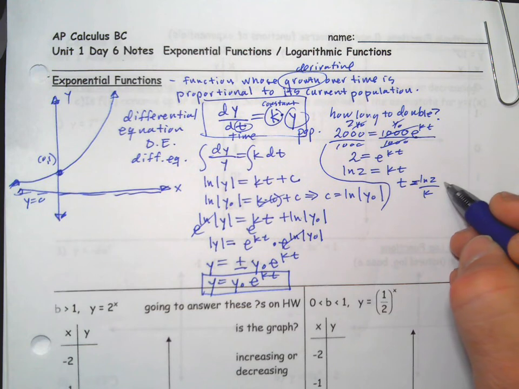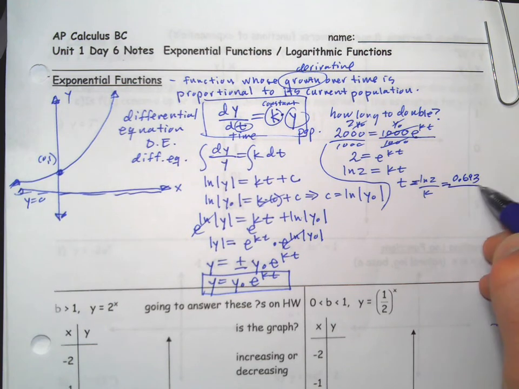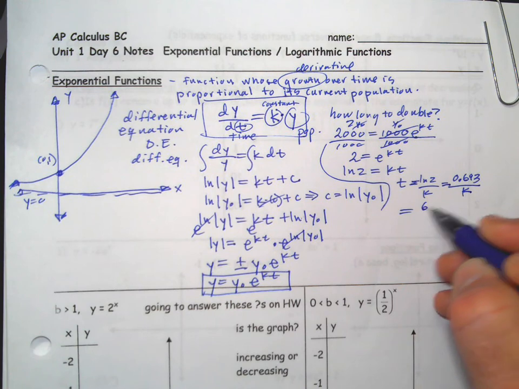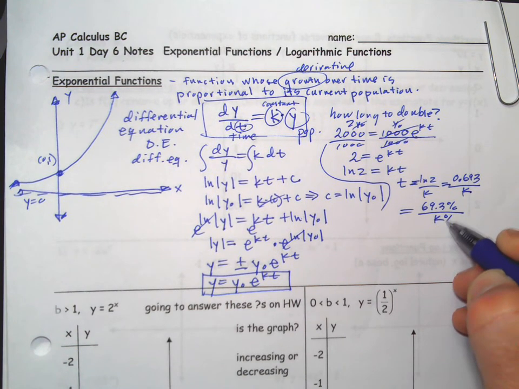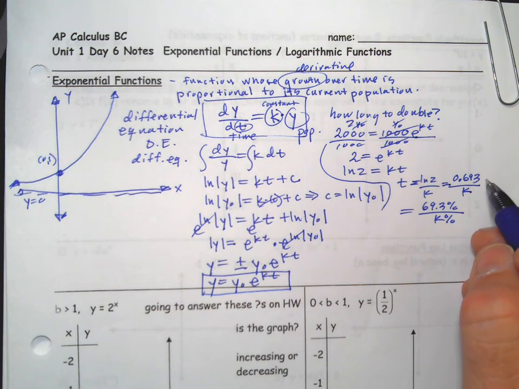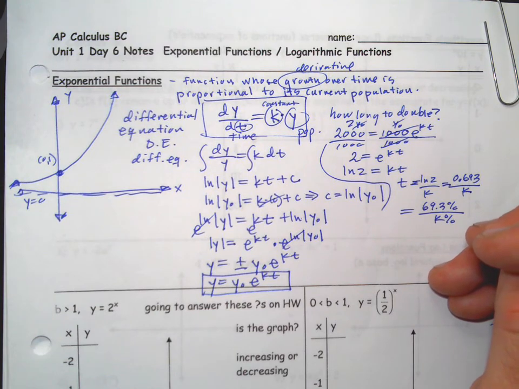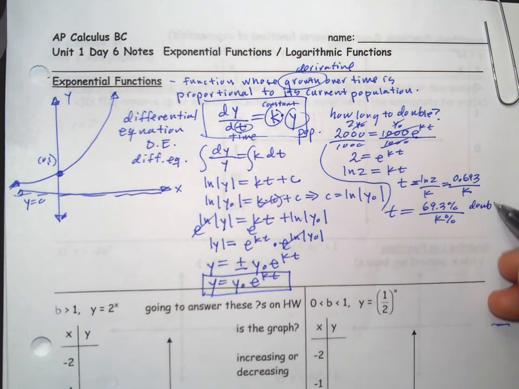Now, natural log of 2 is 0.693 over k, and if we were to write it as a percent, that'd be 69.3% over k percent. K is a growth rate, which is often described as percent. And so this is the doubling time.